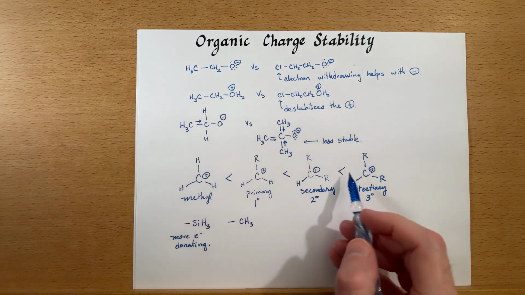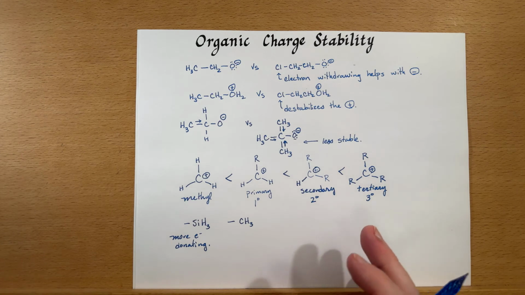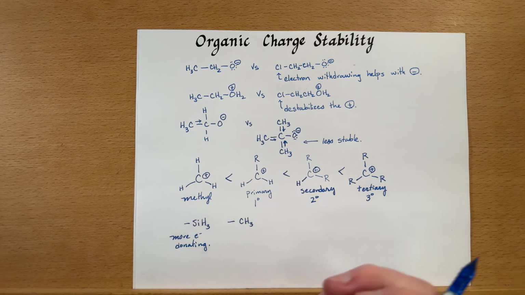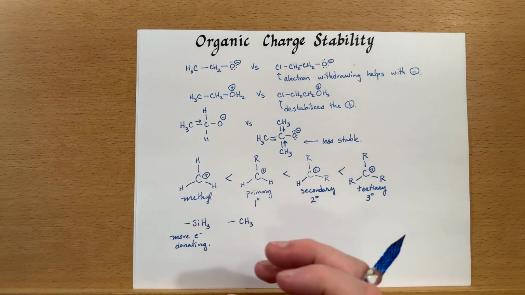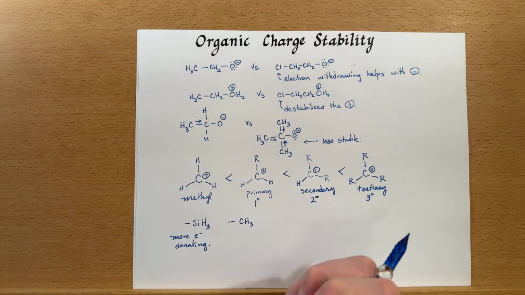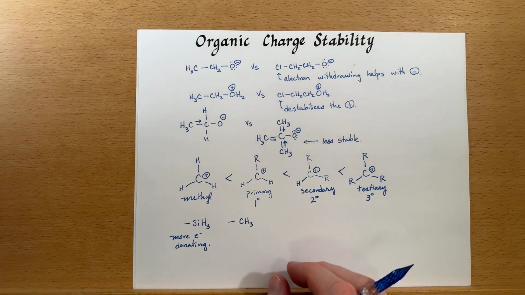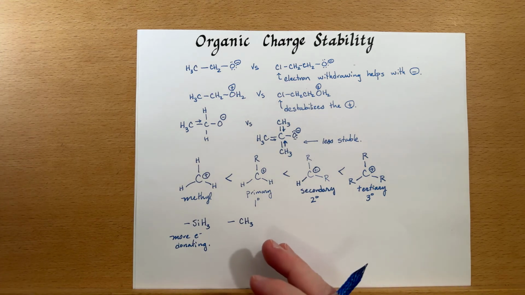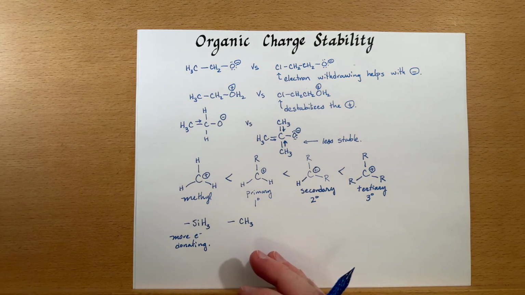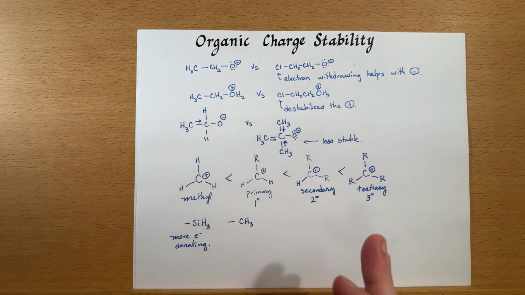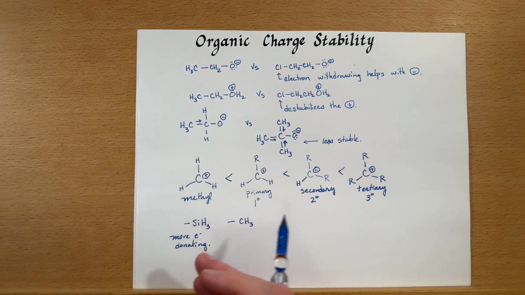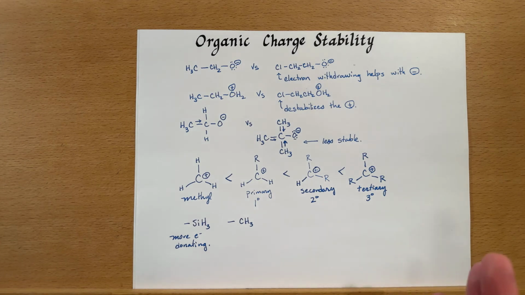So each of these is way more electron withdrawing, or desiring electrons, than even fluorine is. Conversely, if we had a negative charge on something, that's even more electron donating than silyls or other groups that are very electron donating.